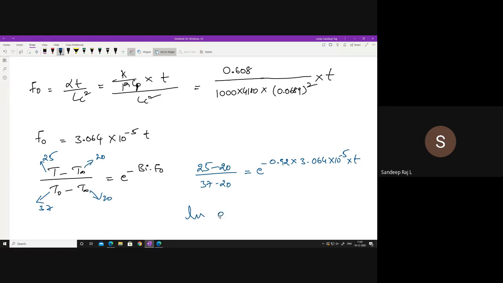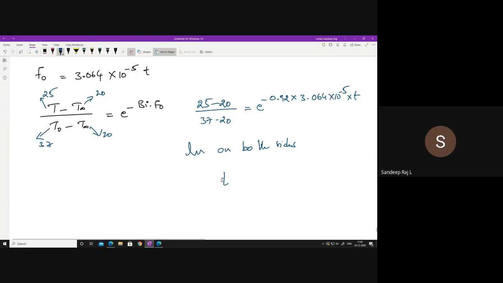So apply ln on both sides. Get the value of t. Tell me what is the value of t. 24964.127. No, 24964. Is it right, sir? In seconds you are saying? Yes, sir.